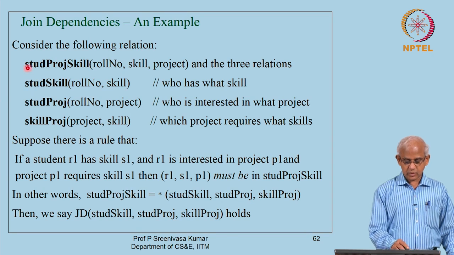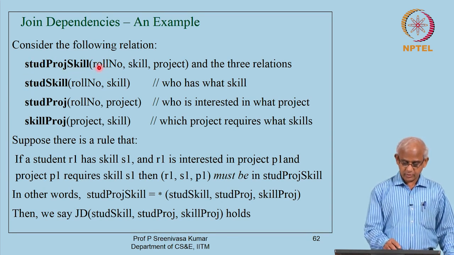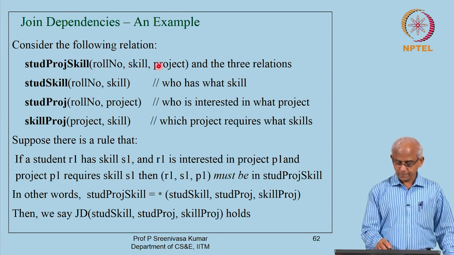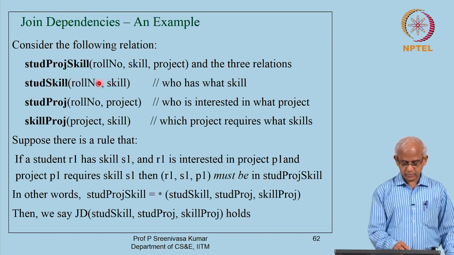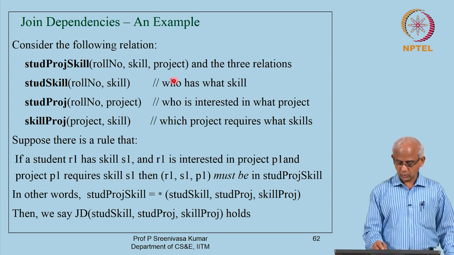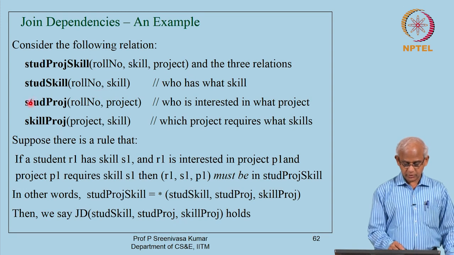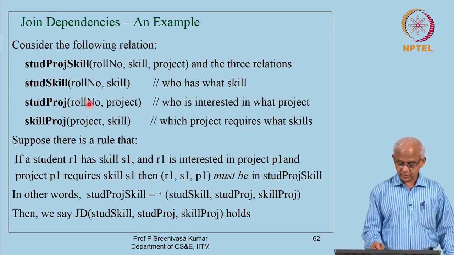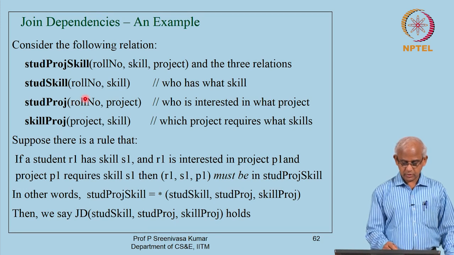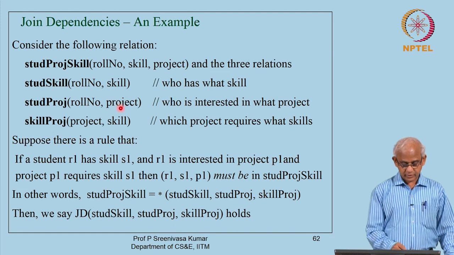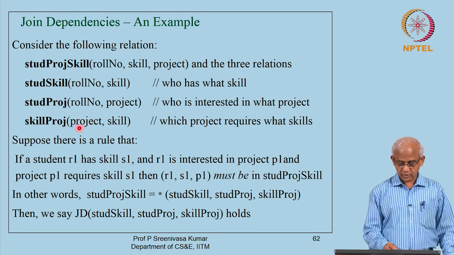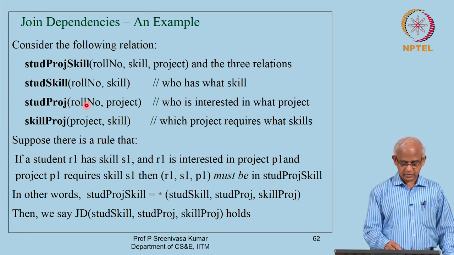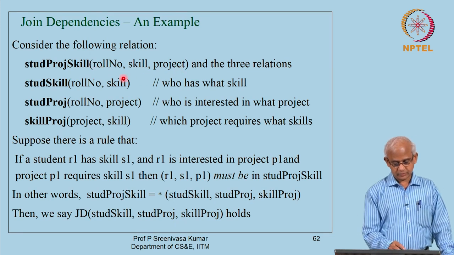We have a relation called student project skill with three attributes: roll number, skill and project, and then three relations: student skill with roll number and skill, which records who has what skill; student project, indicating who is interested in what project, so roll number and some project ID; and finally skill project, which records what project requires what kind of skill. Right.